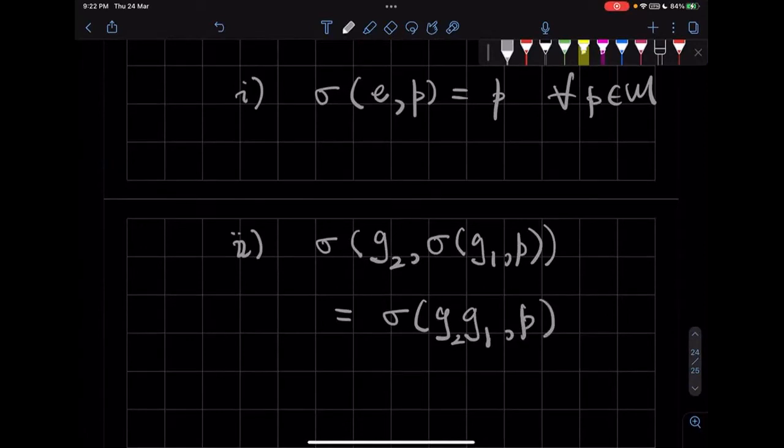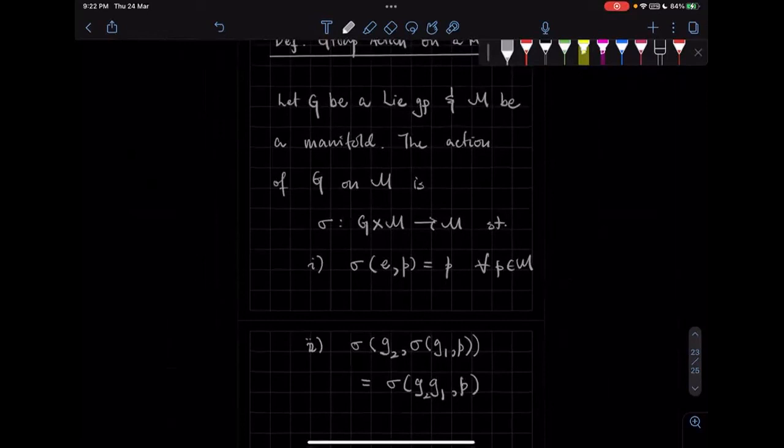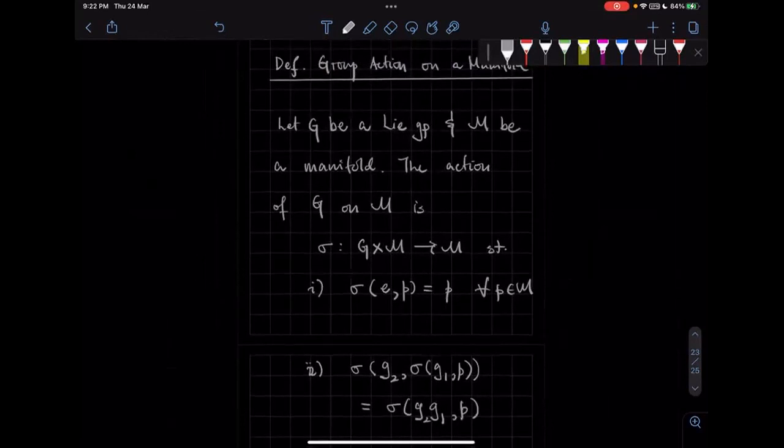Okay, so this is a consistency, these are very, very natural properties to ask for. Okay, any questions about what is meant by the group action on a manifold?